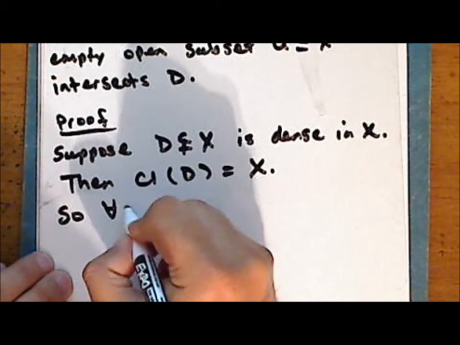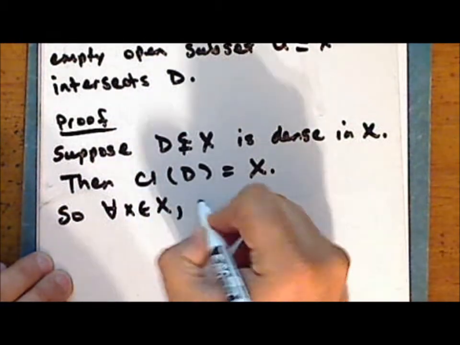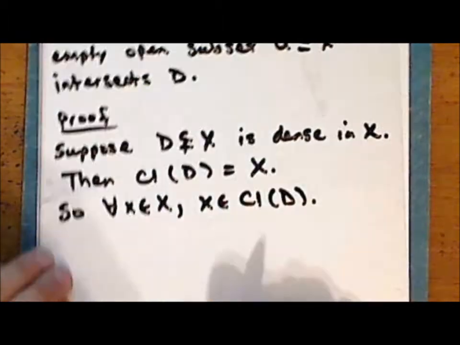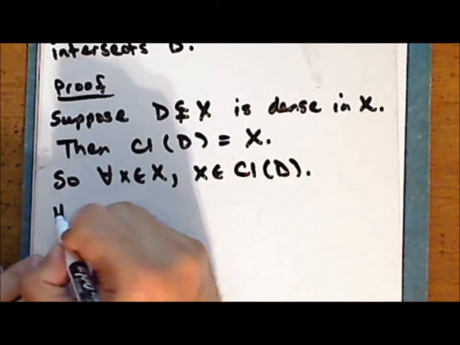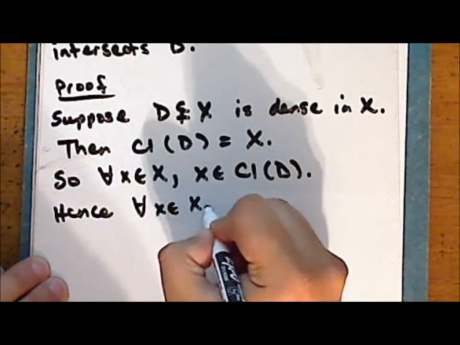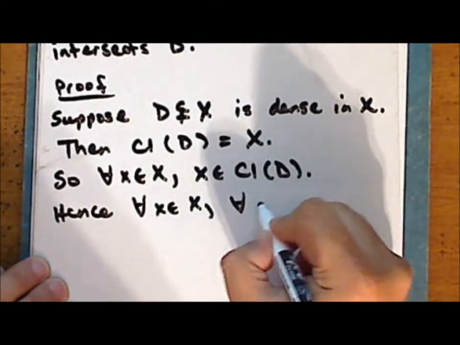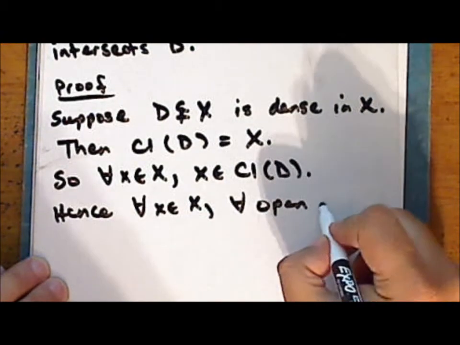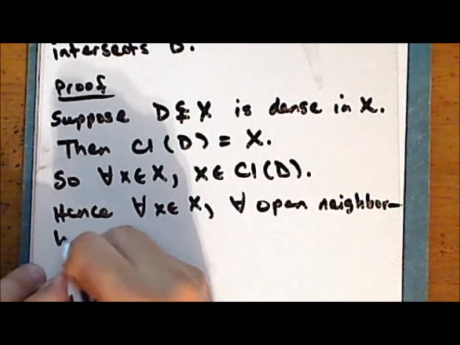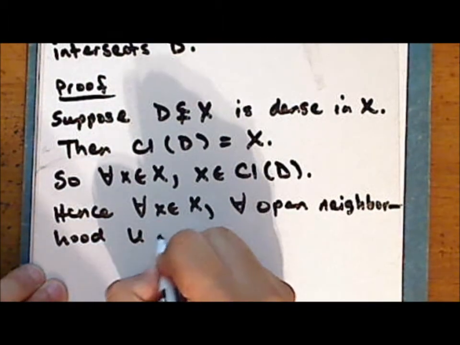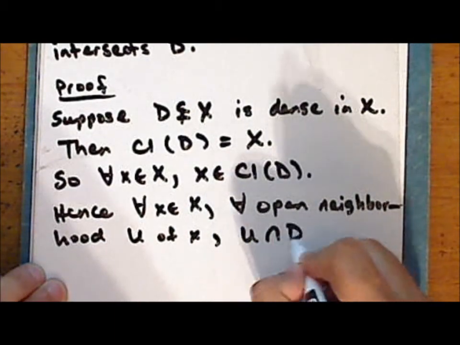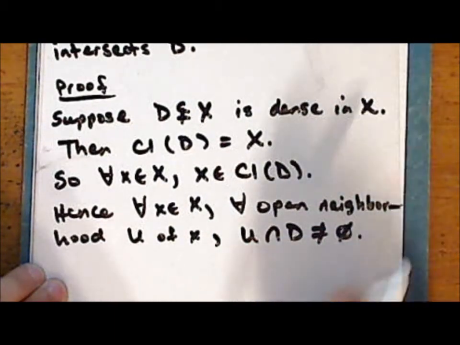And so for every point x in the entire space, that point is in the closure of the set D. And hence, for every point in the space and for every open neighborhood U of x, the intersection of that neighborhood with the set D is not empty.